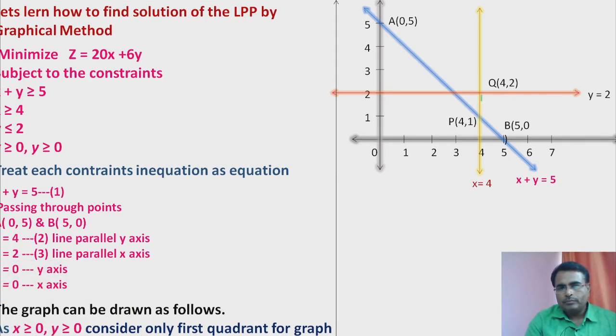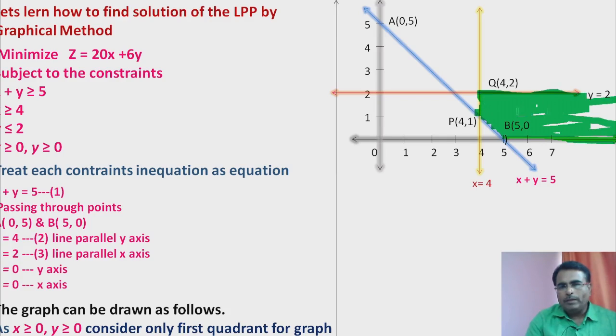See here, above this first line or towards the non-origin side of the first line, then towards the non-origin side of the second line, and towards the origin side of the third line. So this is your region.